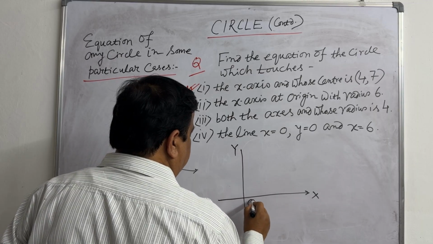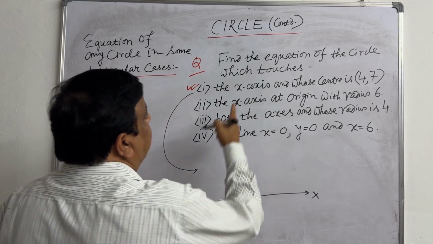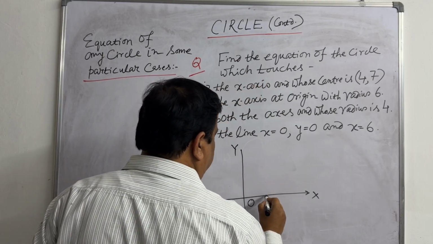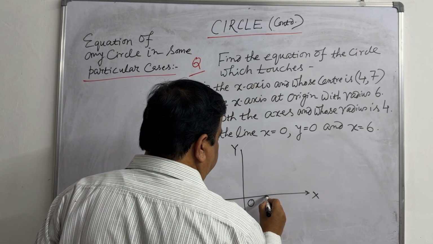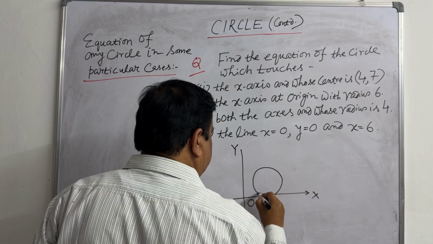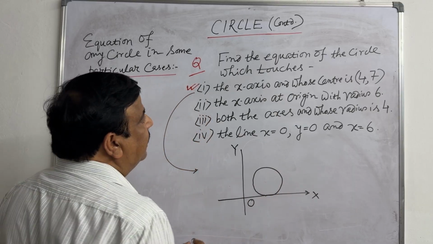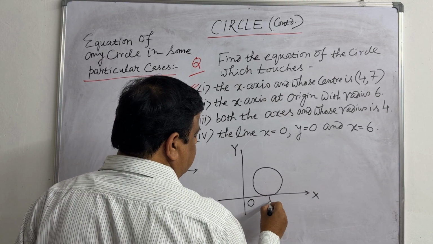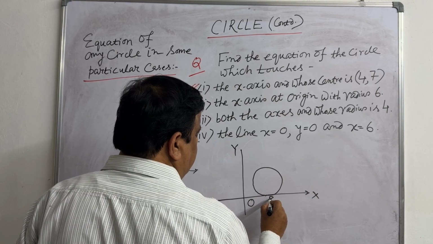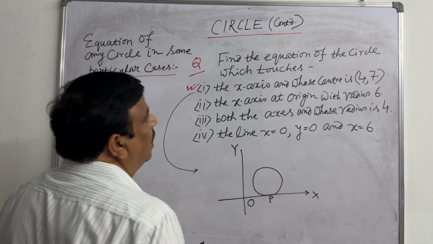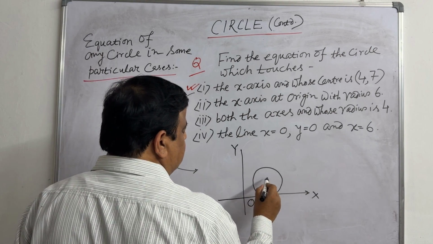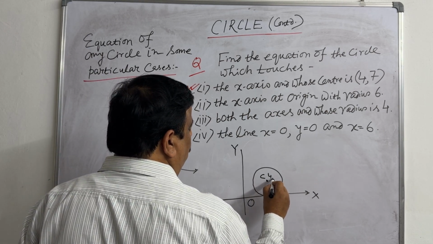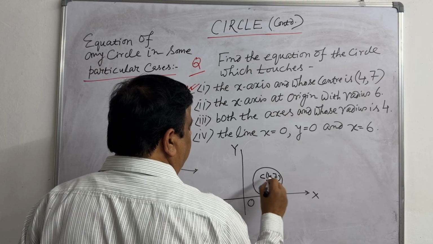Here is your origin. So the x-axis is the tangent for this circle. So this is the circle, say. It has touched the x-axis. Say this point is P. And the center is C, whose coordinate is given as (4, 7).